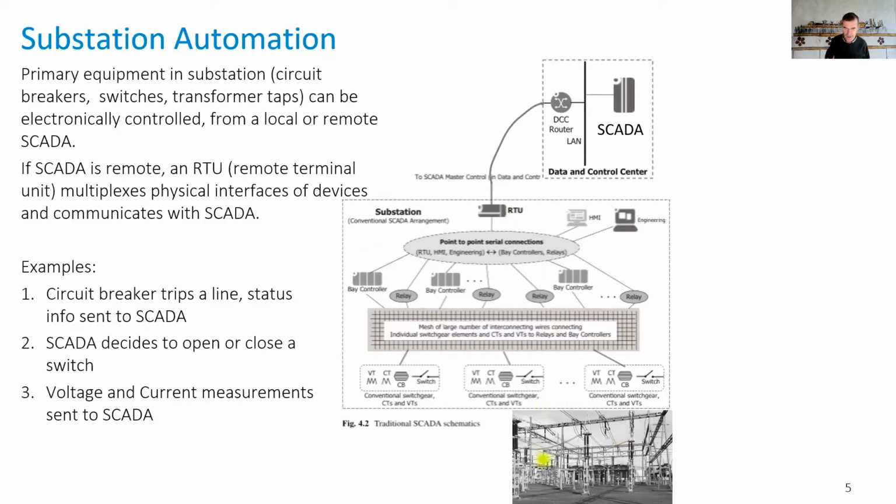A substation is something like you see here. This is a place where you have high voltage lines that join and are cross-connected. At the same time, you have a number of equipment to control this. You have transformers, the big visible parts here. And you have the crossbars with switches and circuit breakers.